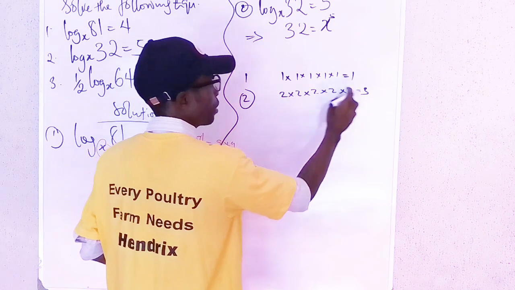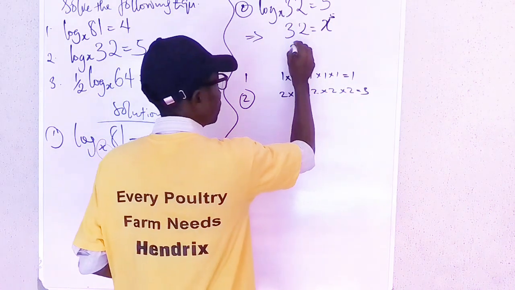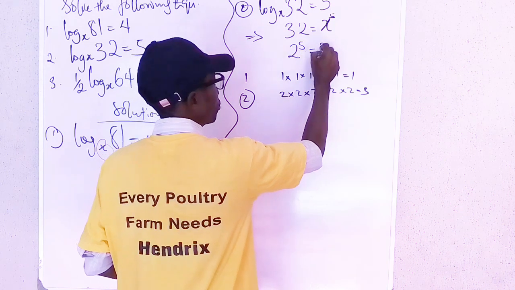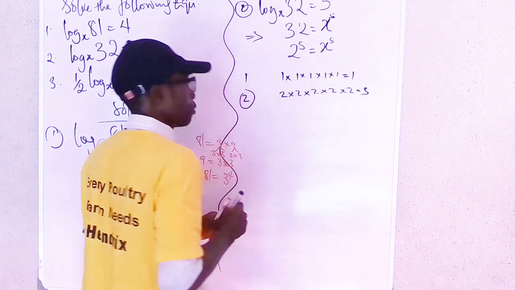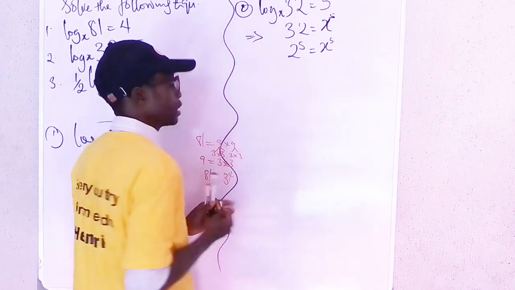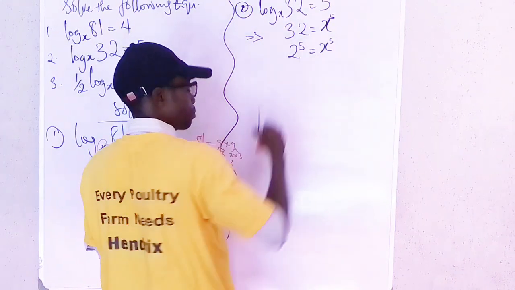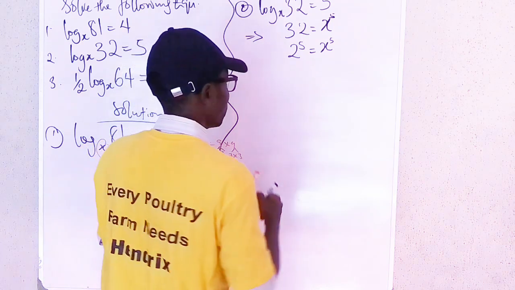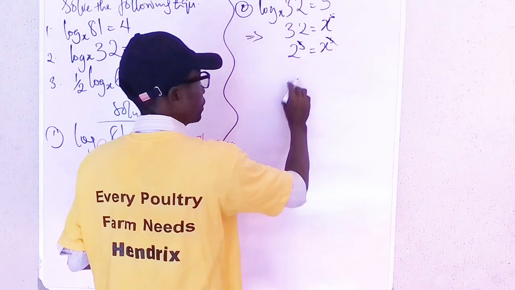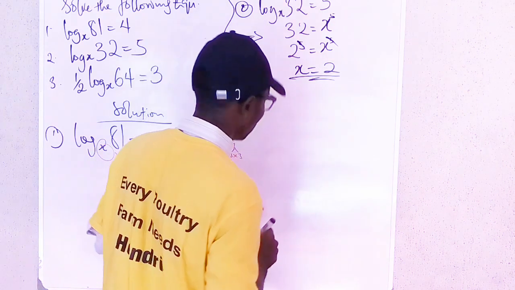It's 2 raised to the power of how many? 1, 2, 3, 4, 5. So 2 raised to the power of 5 is equal to x raised to the power of 5. At this junction, you see that both of them have the same powers, so x is equal to 2.